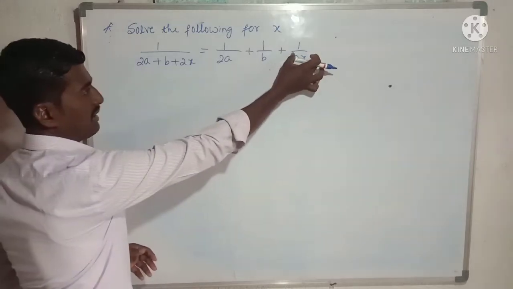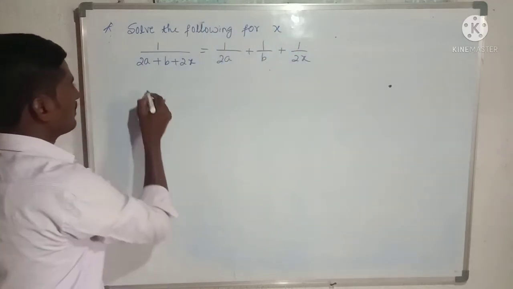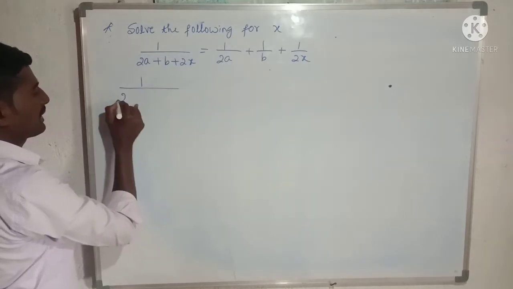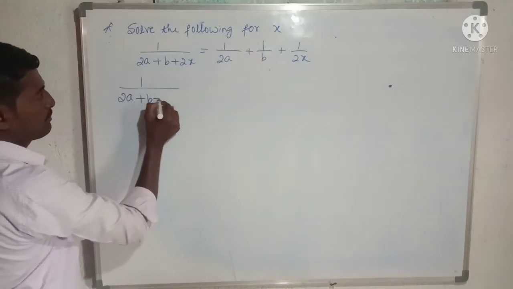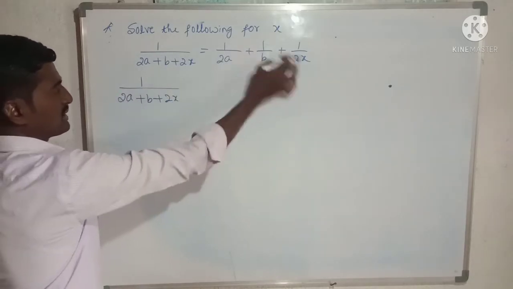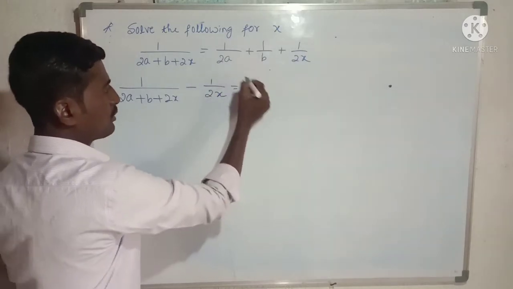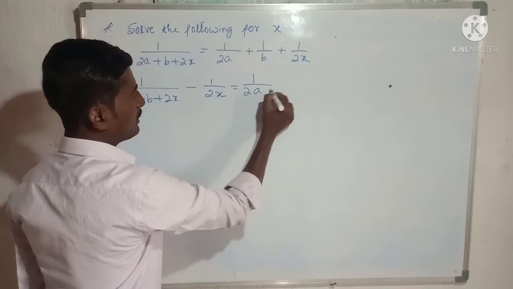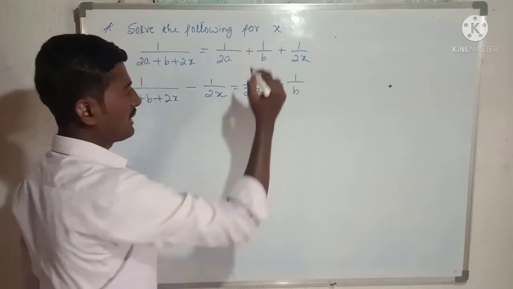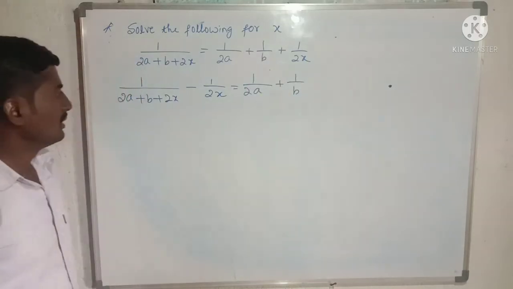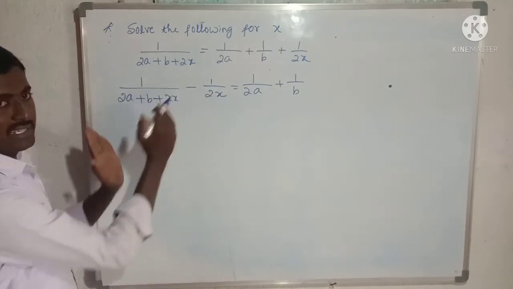So first term, I will take this term to the left side. So what I will get? 1 divided by 2a plus b plus 2x. So this will become minus 1 divided by 2x is equal to 1 divided by 2a plus 1 divided by b. Now let us take LCM here.